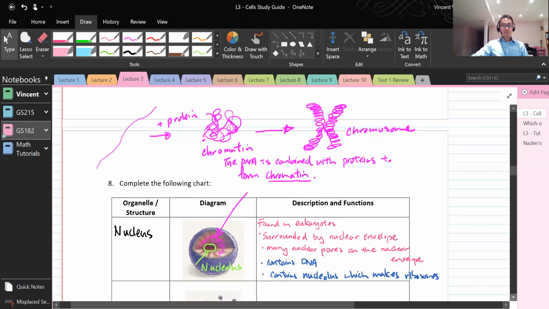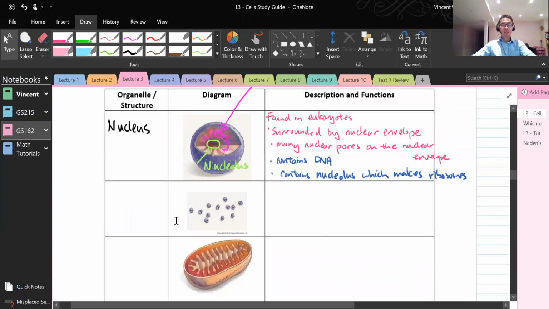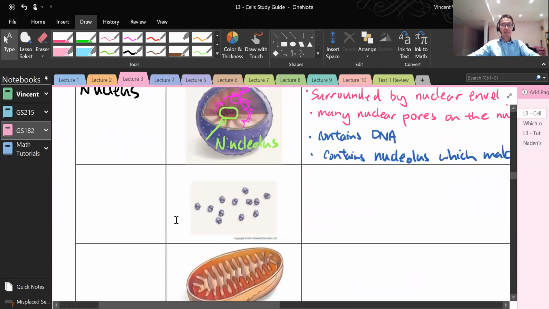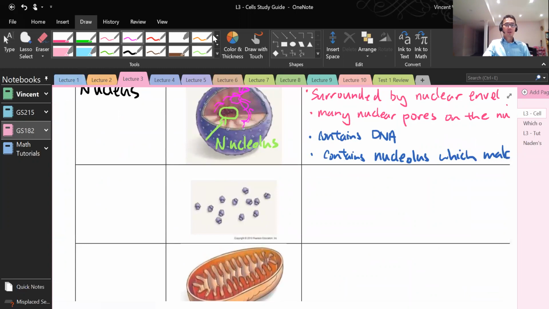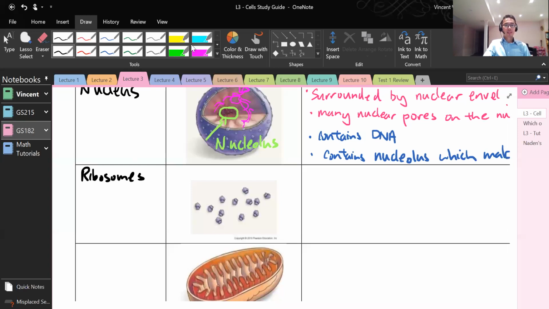All right, next one. These little dots. They're barely visible on a regular diagram, but if you zoom in, it actually has two parts to it. We call these the ribosomes. Let's describe them.